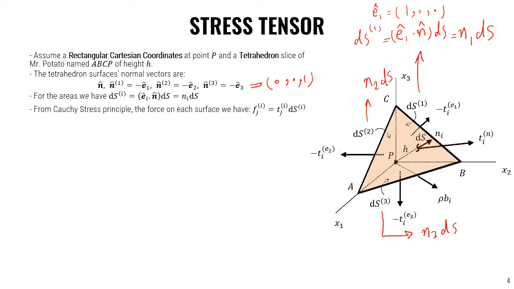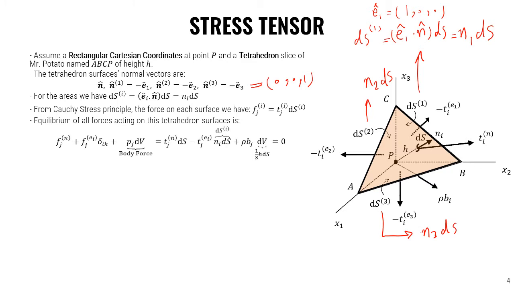For the forces acting on these surfaces, we can use Cauchy stress principle that says the force acting on a surface is equal to the traction or a stress vector of that surface multiplied by the area of that surface. Based on that, we can write the equilibrium of all forces acting on this tetrahedron, which is the force acting on the base surface with normal n plus the forces acting on the side surfaces.